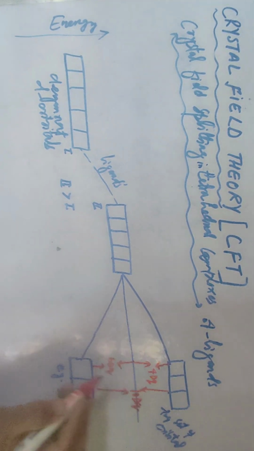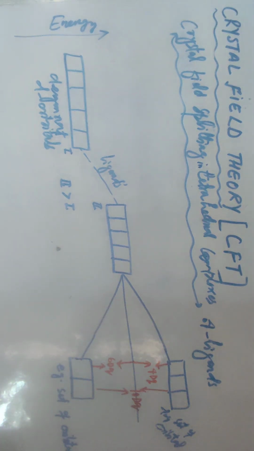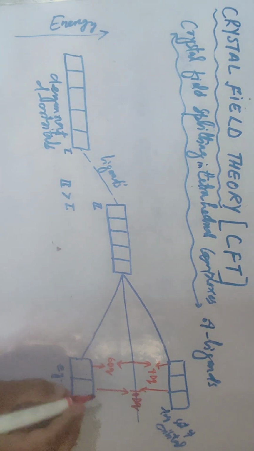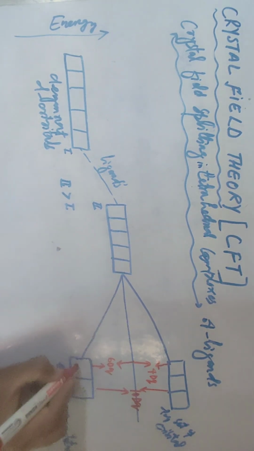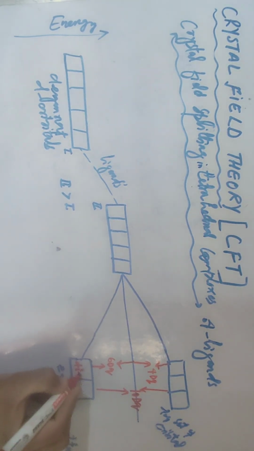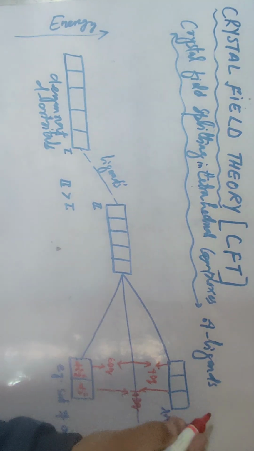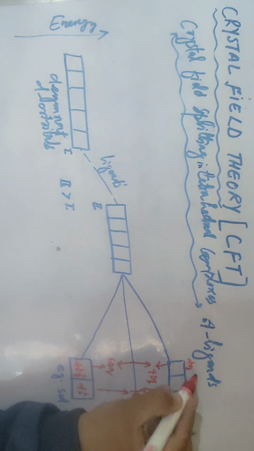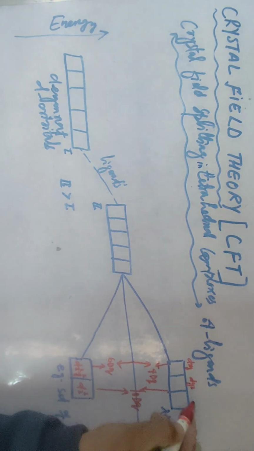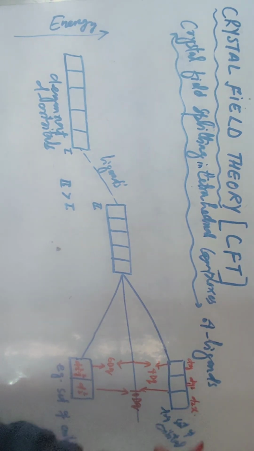The total difference in energy is known as the crystal field splitting energy. So this is the set, that is dx2-y2, this is dz2, this dxy, dyz, dzx.